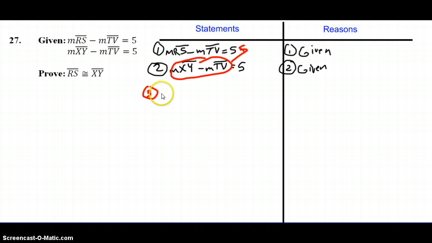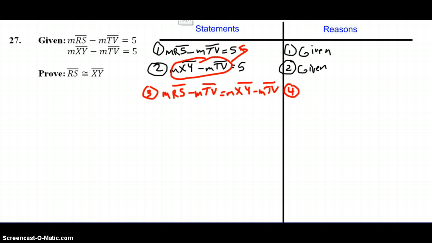So my third statement is that the measure of segment RS minus the measure of segment TV equals the measure of segment XY minus the measure of segment TV. And the reason I know that is because I replaced the 5 with this expression.